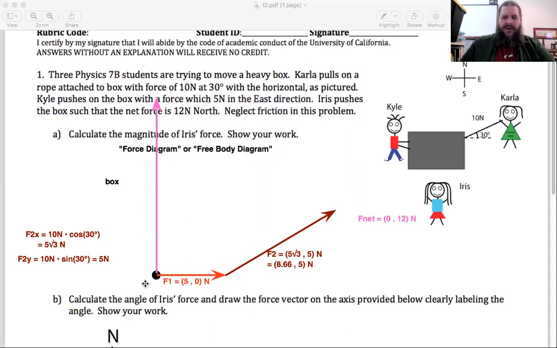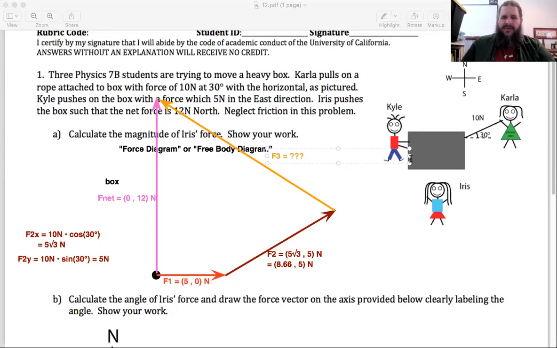So that means if we're adding f1 plus f2, but we want to get back to f net, we're going to have to add an f3 that's going to look like this. That way, F1 plus F2 plus F3 gives us the correct F net.